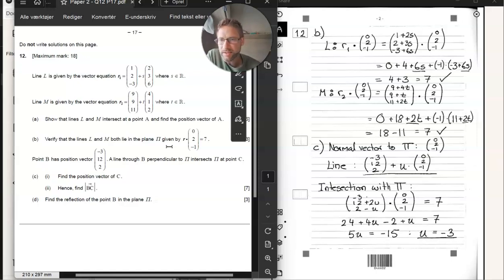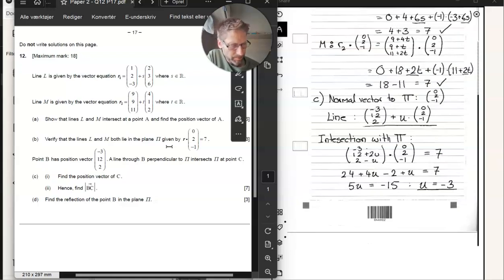And how to get the position vector of the intersection point? Well, that's the value of u that we need to put into the vector equation of the line to get the point. So again, you can't really do this when you're working, but I'm cheating and writing down here because it's easier for you to work on 2 pages simultaneously. So I am writing down here that the position vector of C was the name of the intersection point, so we just do that by putting -3 in as u.